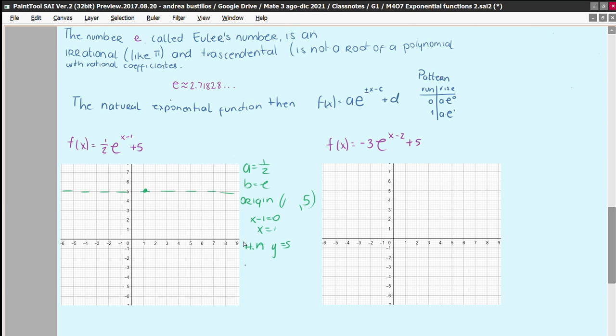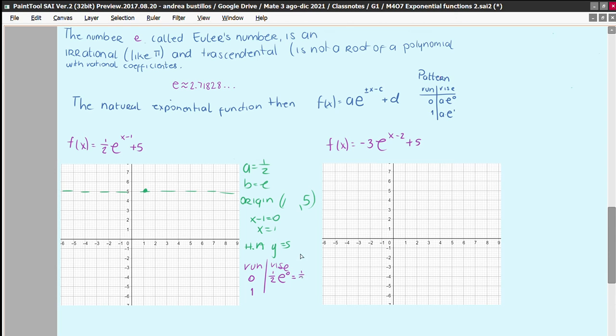Now, to apply the run-rise method, just remember that our running pattern has to be 0 and 1. Why? Because these are the easiest numbers to evaluate. So my rise is going to be my leading coefficient times my base, that is e, to the power of 0. And as usual, any number raised to the power of 0 is 1.